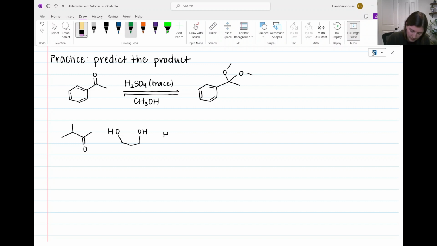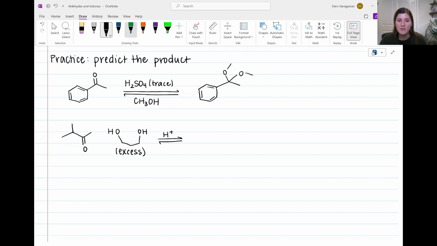And then some acid present in solution. Well, when we go through this reaction, we know that we'll have an alkoxy group from an alcohol, the solvent. We'll say this is an excess, just like a solvent would be an excess.